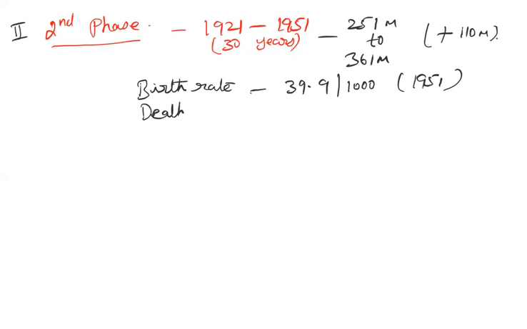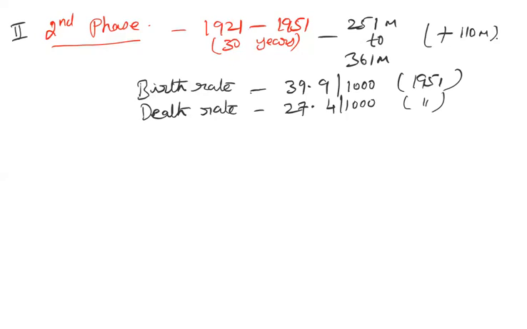And the death rate decreased from 48.6 to 27.4 per thousand. So you can clearly see the fall in the death rate was quite considerable compared to the fall in the birth rate of the country.